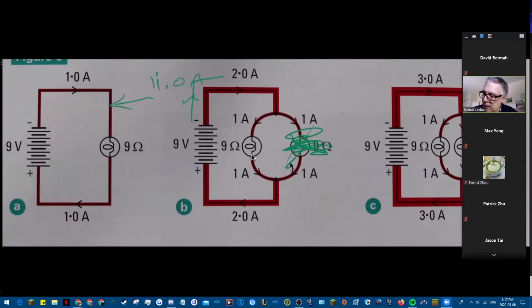So this is a property of parallel circuits. Good. And the key point to understand here is that when you put loads in parallel, you decrease the resistance of the circuit, allowing more current to be drawn by the source.